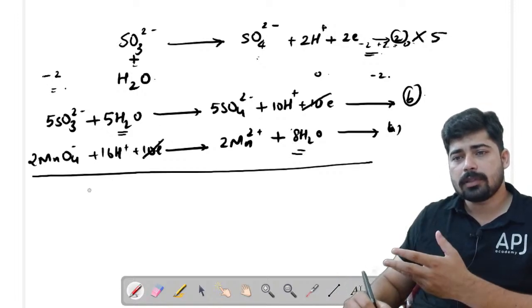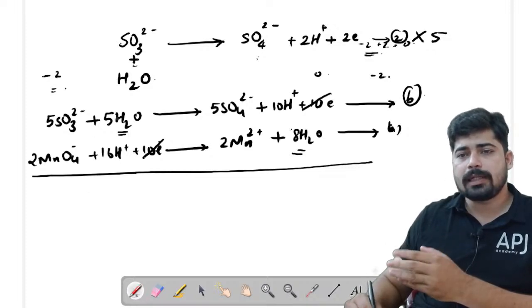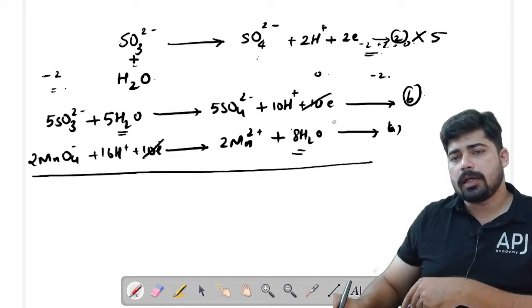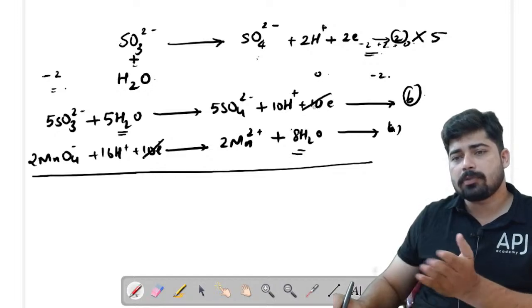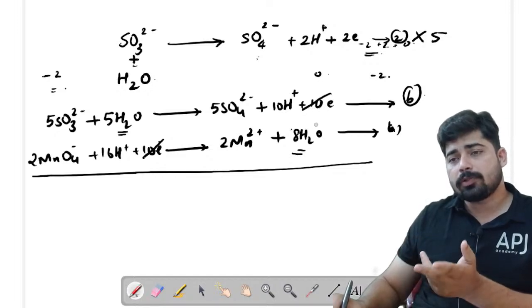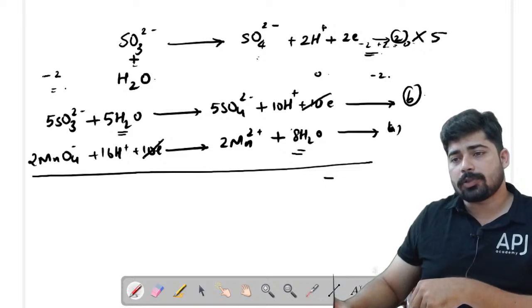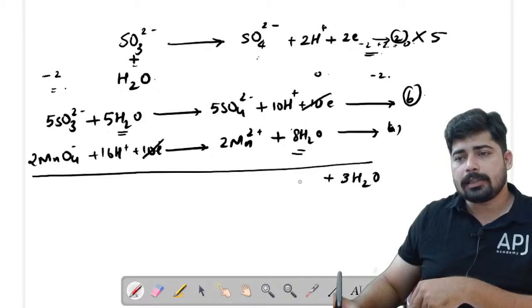So it becomes plus 3H2O, or you can take 5H2O from LHS to RHS, so that it becomes minus 5H2O. Minus 5H2O plus 8H2O becomes 3H2O. So here you get 3H2O and 10H+, 5SO4 2- plus 2Mn2+.